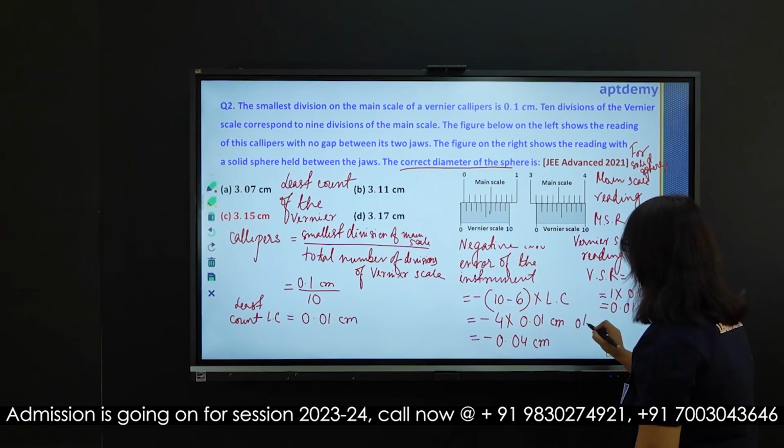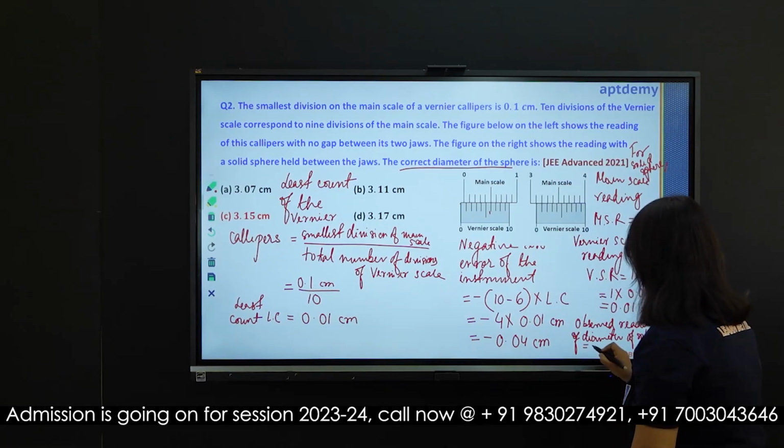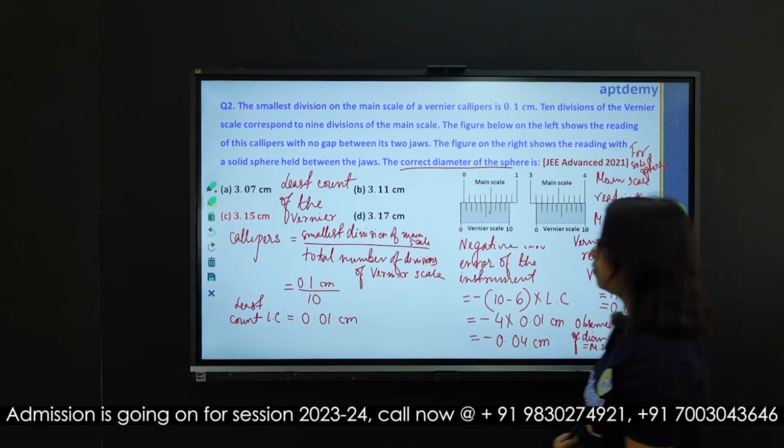Now, the observed reading of the diameter of the sphere is nothing but the sum of the main scale reading and the vernier scale reading.